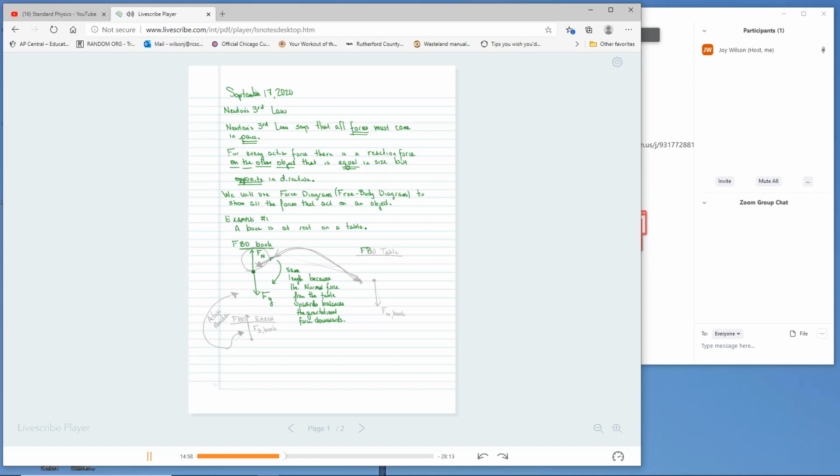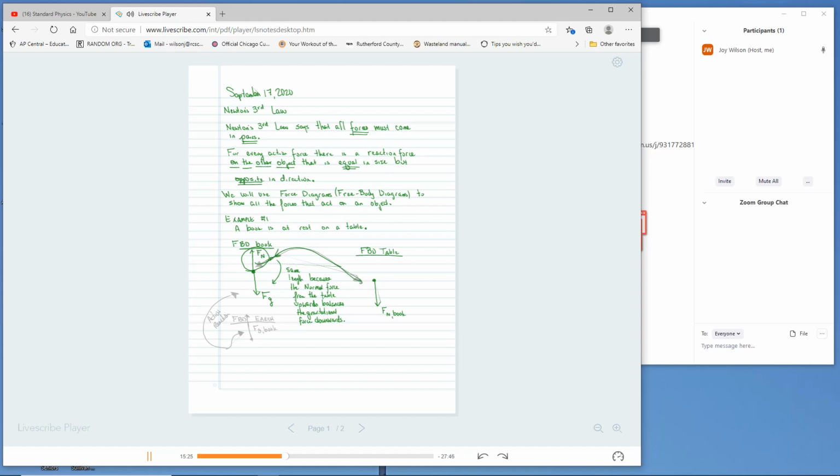So now I come over here and I go, okay, free body diagram for the table. Whatever I did here, I'm going to do the exact same thing here on the table. This is my force, and this one I'm about to draw, this is the force normal from the book.